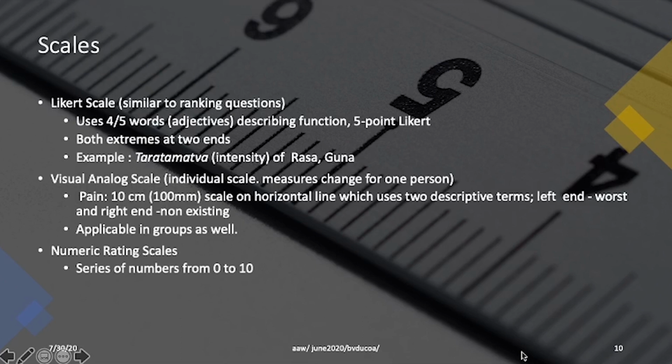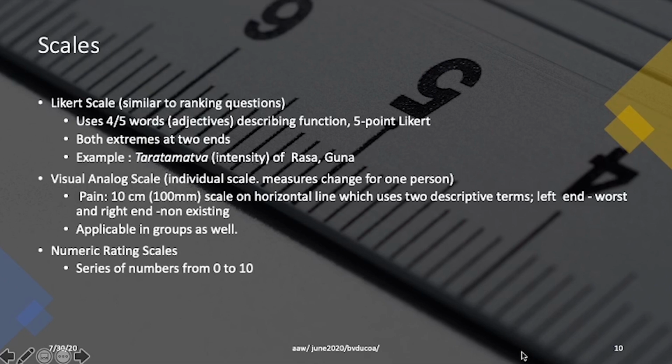This scale is very similar to ranking questions. It uses 4 or 5 words, which are adjectives, describing function. This is called the 5-point Likert. Anything is measured between two extremes: freezing cold to extremely hot.